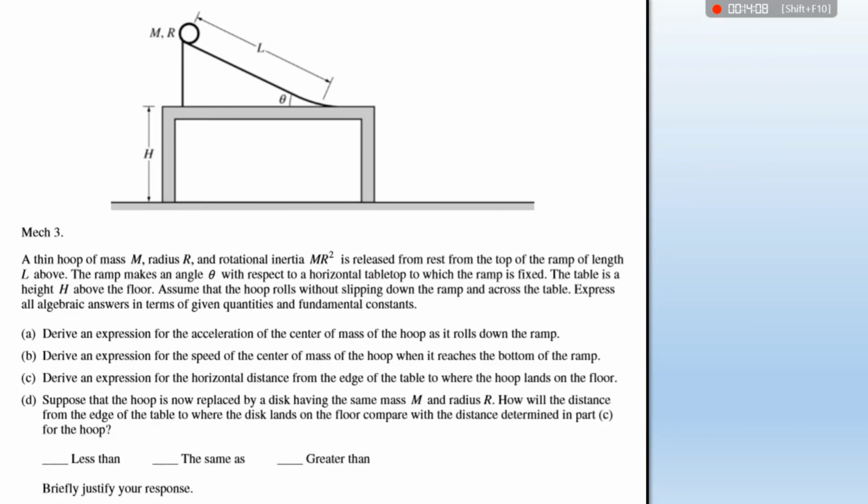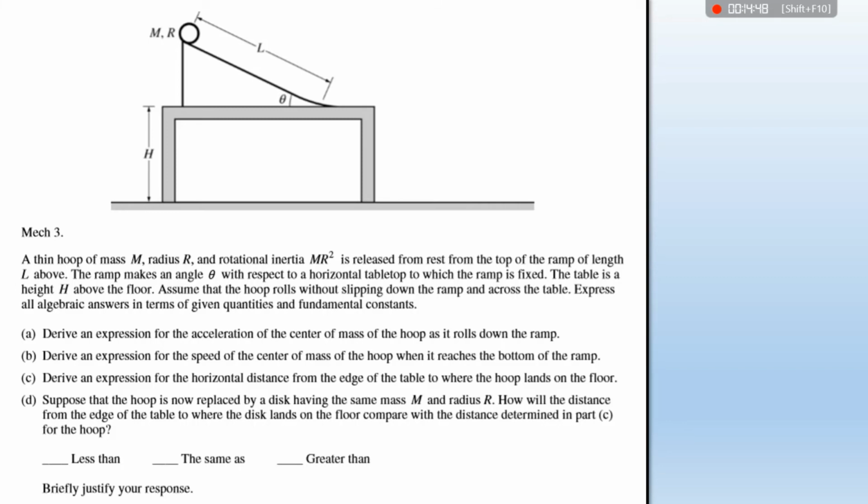Okay, then part D. Our hoop is now replaced with a disc that has the same mass and radius. How will the distance from the edge of the table to where the disc lands compare with the distance determined in part C from the hoop? So it'll be less than, the same as, or greater than the distance. Hoop is replaced by a disc. Then inertia will be changed. Yes. Is our moment of inertia going to be less with the disc or more with the disc?